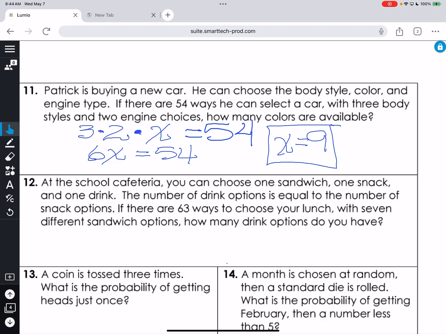Does that make sense, the setup? You see what you can do with number 12.